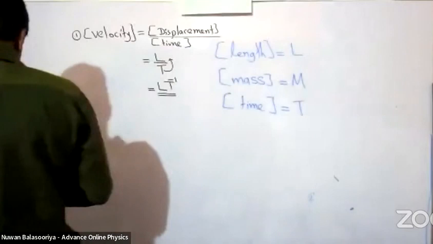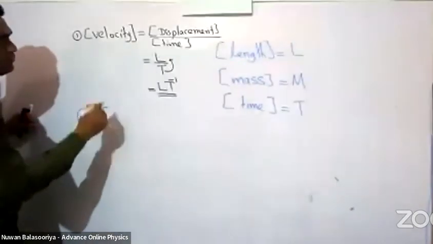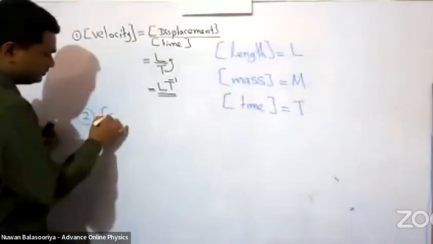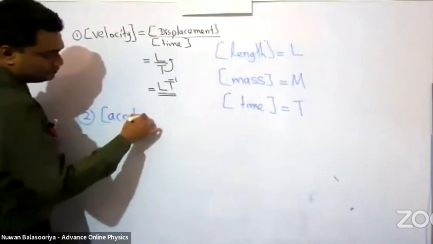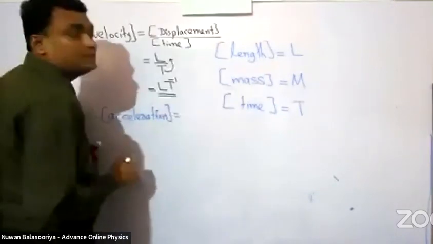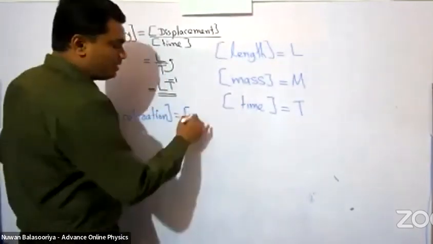The second example that we have learned under the units and dimensions lesson, under derived physical quantities, is acceleration. We defined acceleration as change in velocity divided by time taken.